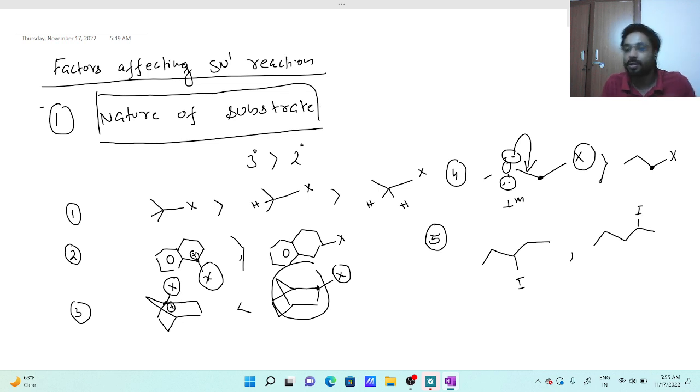So which alkyl halide will give better Sn1 reaction? Are you thinking of plus I effect? No. Hyperconjugation dominates over the plus I effect. So first think about the hyperconjugation. See how many alpha hydrogens are there after the formation of the carbocation.